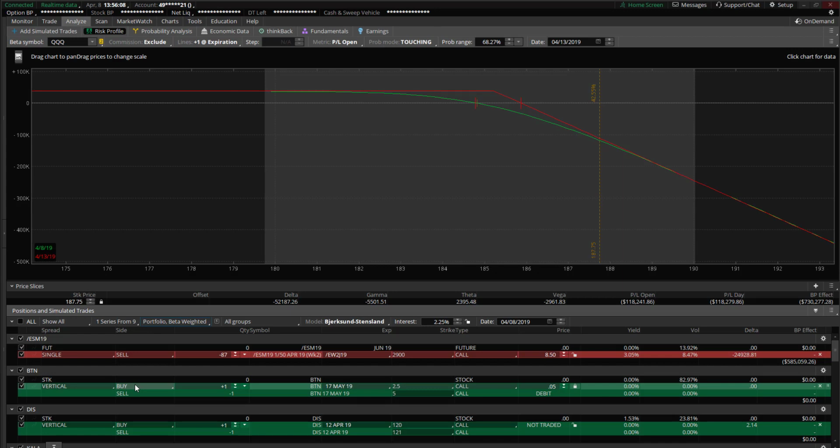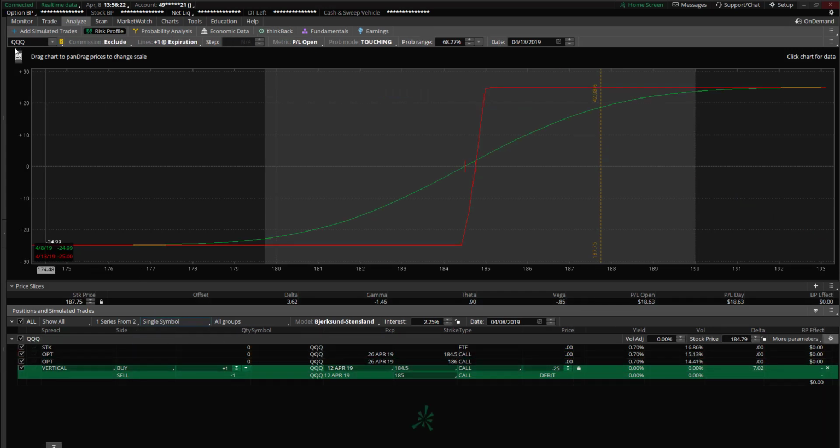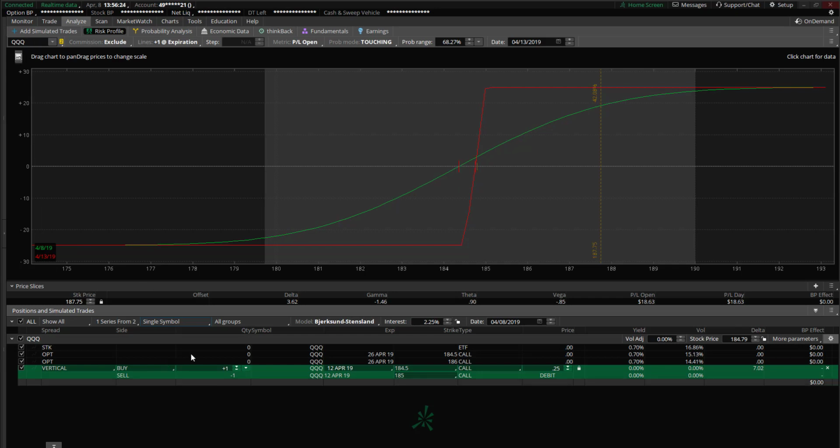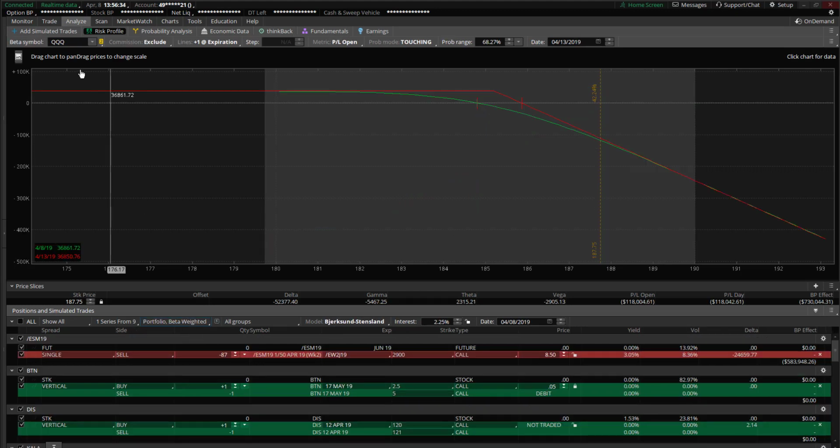But if I wanted to see how that was going to apply to change my overall delta in aggregate, or my gamma in aggregate, we could set that to beta weight. And so now it's not just showing me the single symbol that I'm looking at here in the Qs, but rather it's allowing me to build hypothetical trades and then look at them combined from more than one symbol.